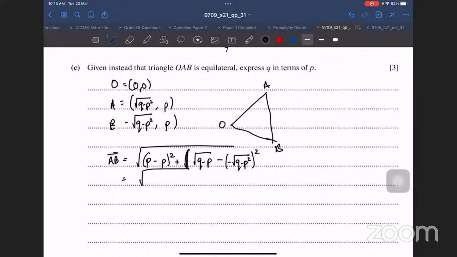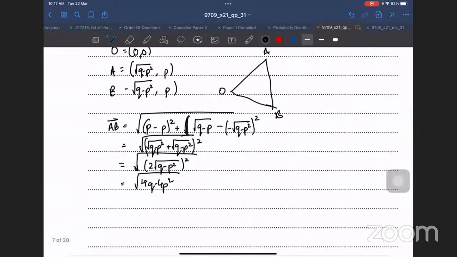Okay, which simply boils down to 2 root of q minus p squared.